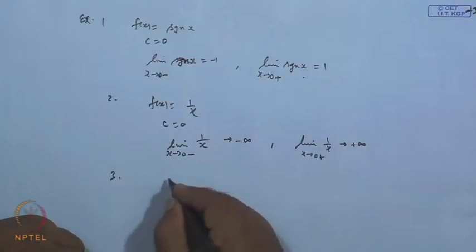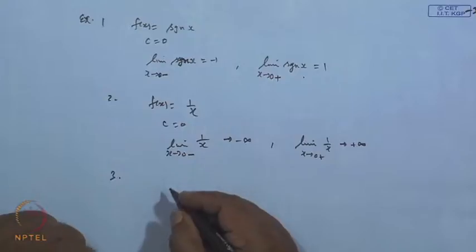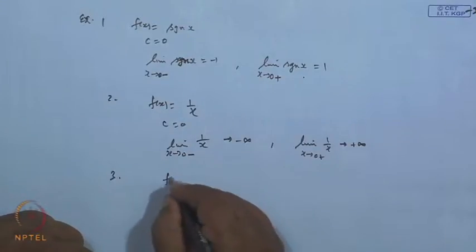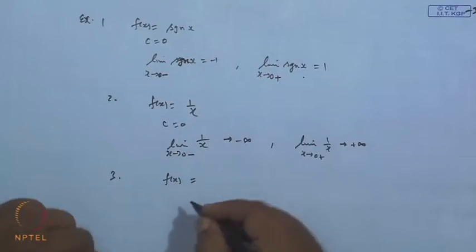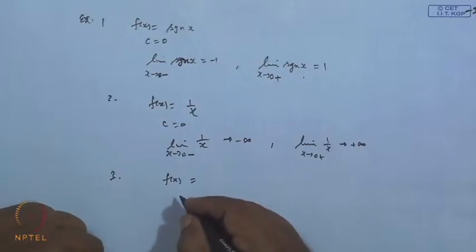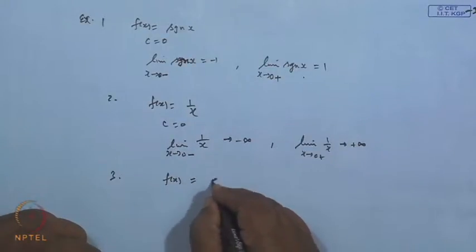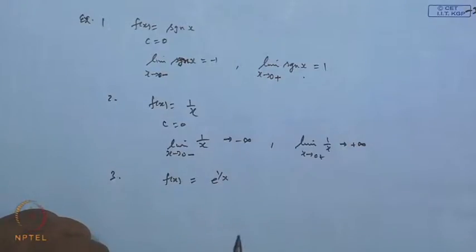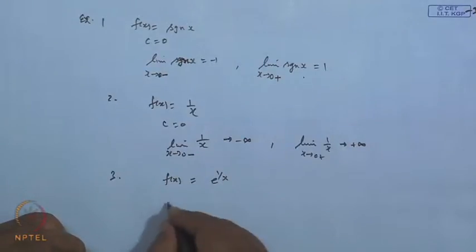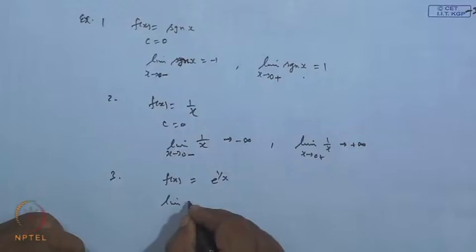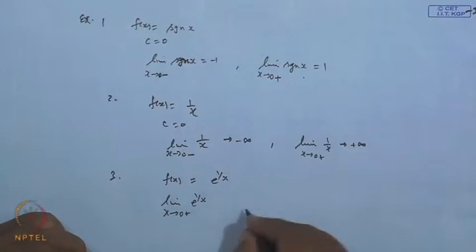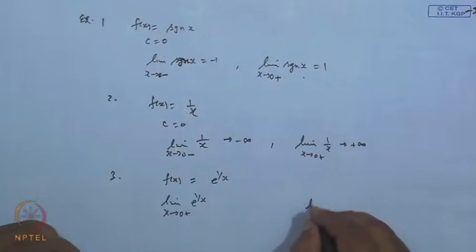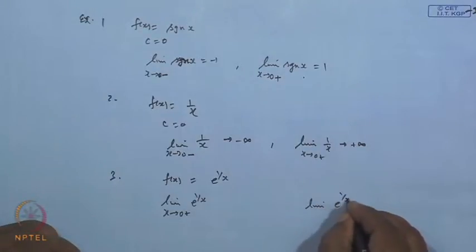The third case is if we look at the function f x equal to, say, e to the power 1 by x. Suppose I take this function e to the power 1 by x, and then we take the limit when x tends to 0 plus, or the limit when x tends to 0 minus.